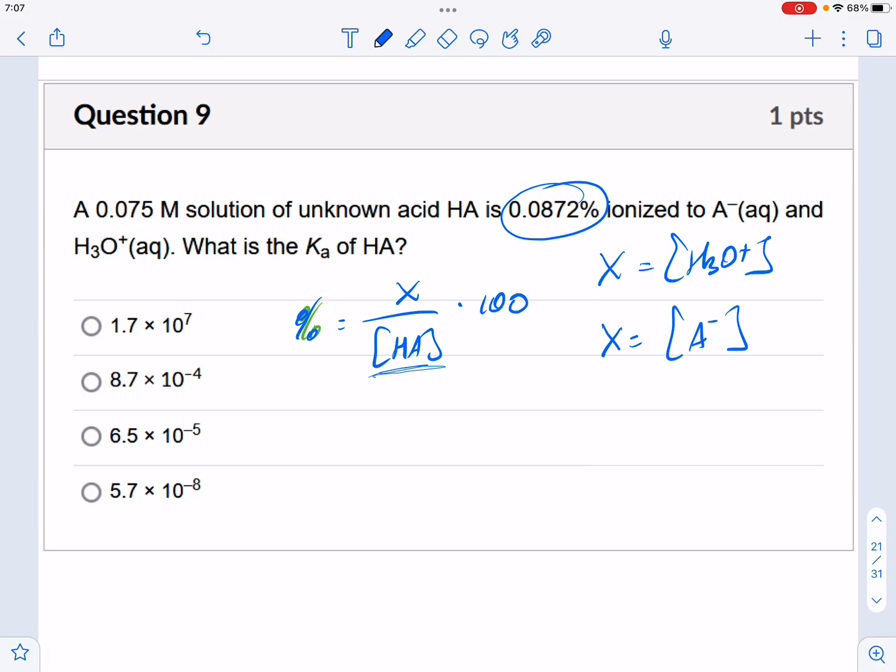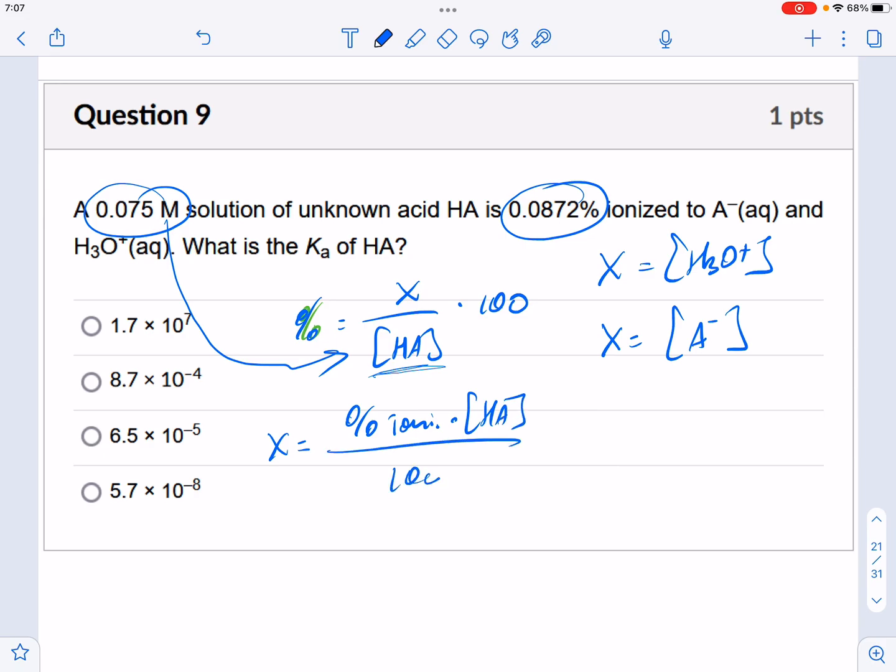Okay, so we have the concentration of the acid, so this 0.075 here is HA, therefore X will be equal to your percent ionization times HA divided by 100.